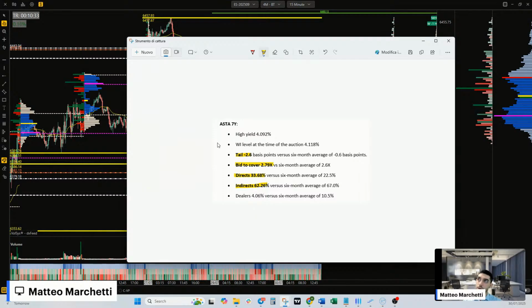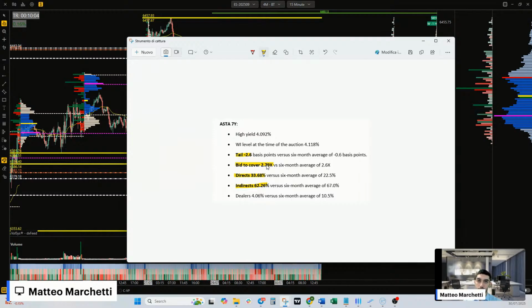You can see it from the tail, because we have a negative tail of 2.6 basis points against a 6-auction moving average of a negative tail of 0.6 basis points, which is more than 4 times the average. So this figure by itself already means that we had a huge demand during the auction.